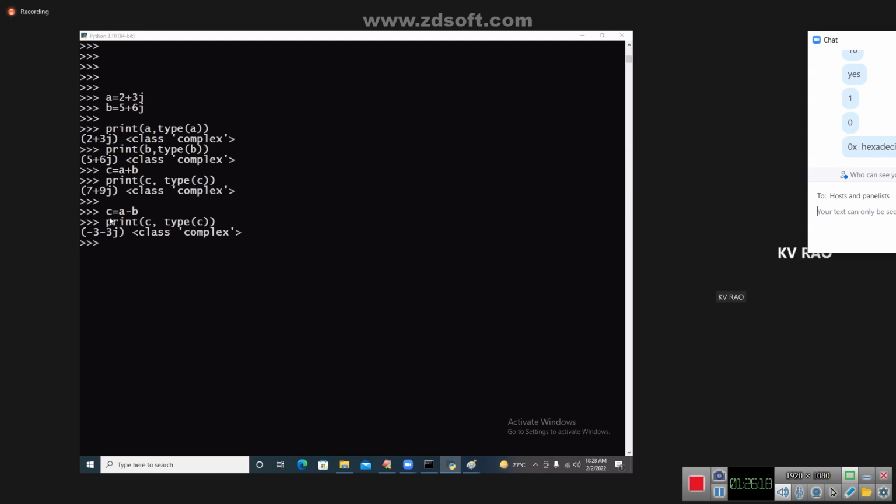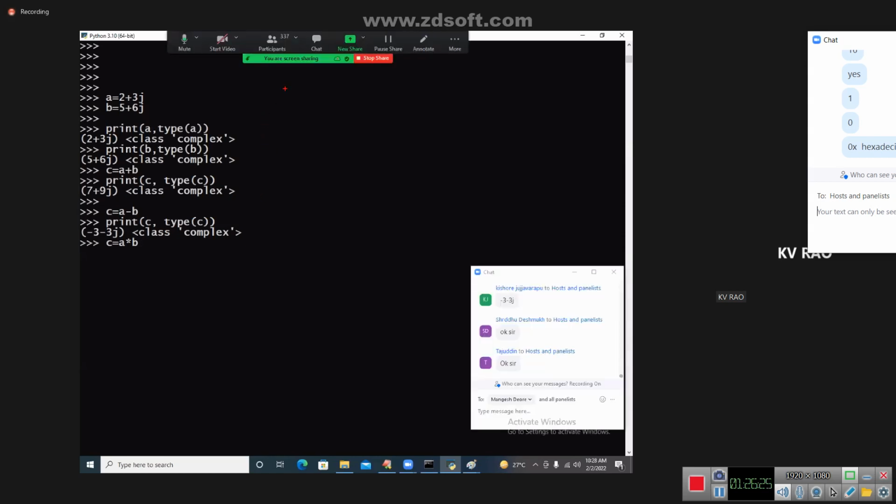Coming to the next, multiplication: C is equal to A star B. See, my dear students, I will just explain and move forward. Ashwini, please listen. A star B, I am going to ask you this question. A star of 5 plus 6j. You need to multiply quickly. So 2 into 5 is 10, and 2 into 6j is 12j.